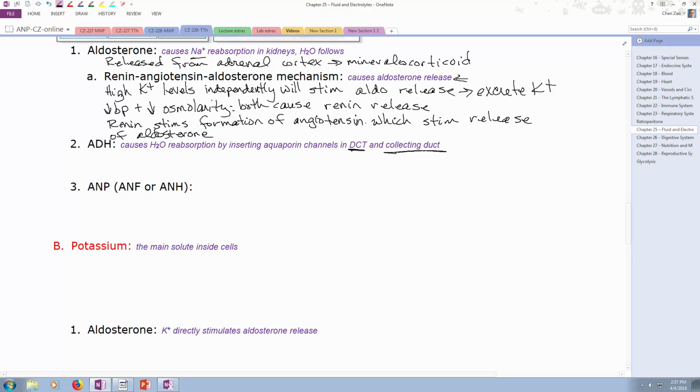Osmoreceptors in our hypothalamus are responsible for sensing solute concentration changes and will either increase or decrease ADH release from our posterior pituitary.